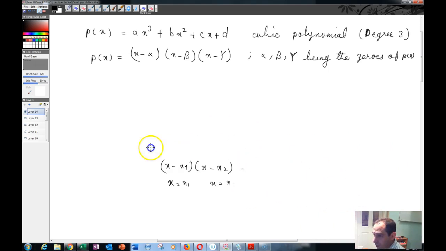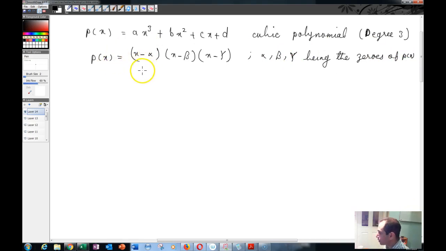Now I have factorized this polynomial as x minus alpha, x minus beta, and x minus gamma, alpha, beta, and gamma being the zeros of p of x, the polynomial itself.